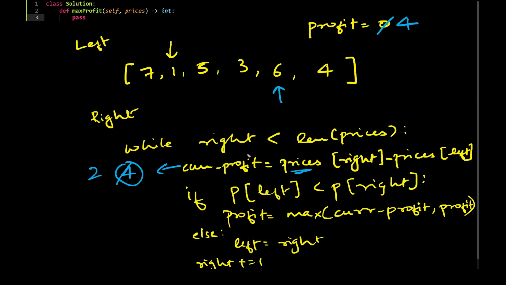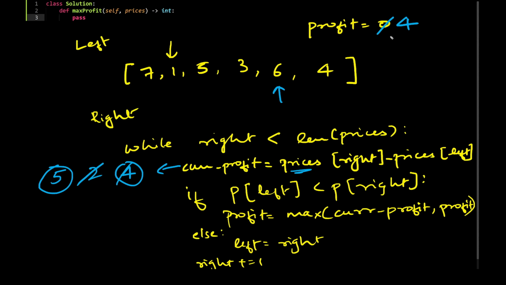Fair enough. Now in this situation, same thing will happen. The current profit's value will be changed to 6 minus 1, 5. All right. And in this case, since left is less than the value at right, I would say profit is equal to the maximum of current profit, which is equal to 5, and the previous value of profit, that is equal to 4.